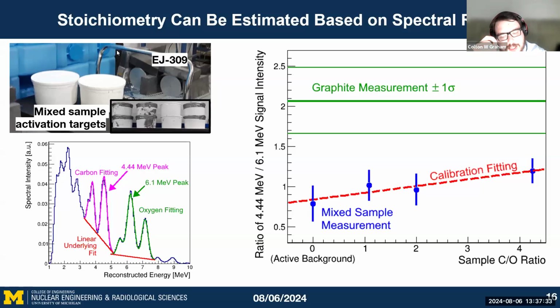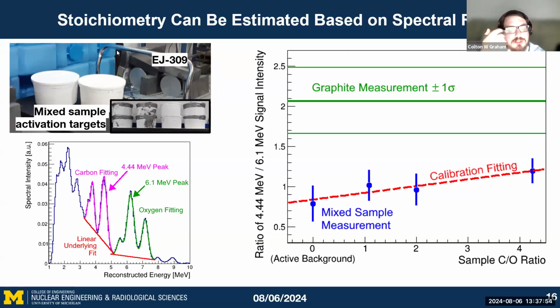And what you'll note is that as we have an increased true carbon to oxygen ratio, either of our activation target or of the background, we see an increase in the ratio of the intensity of the carbon signature to the oxygen signature.